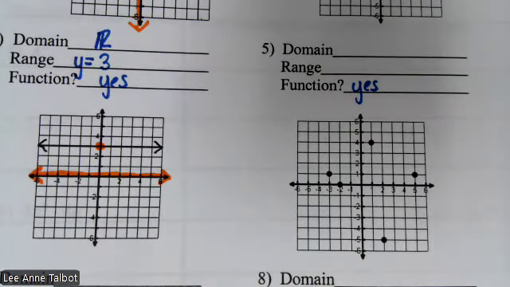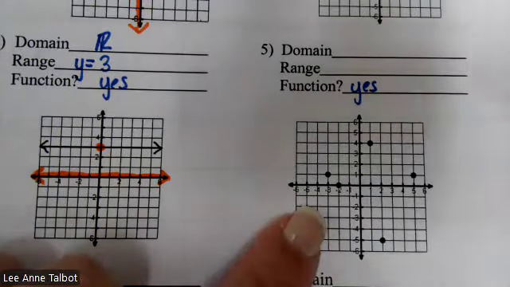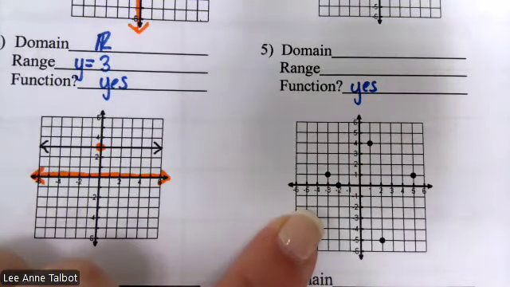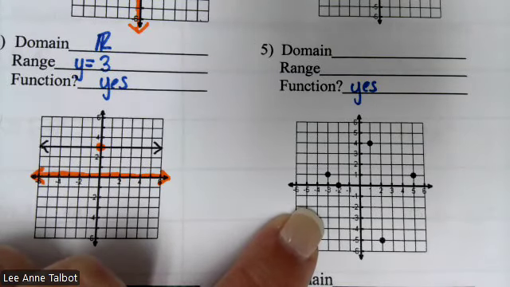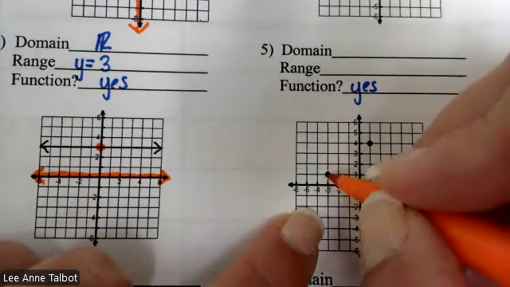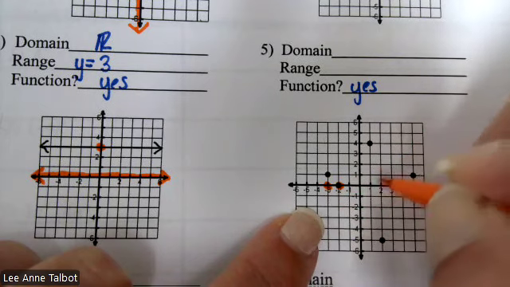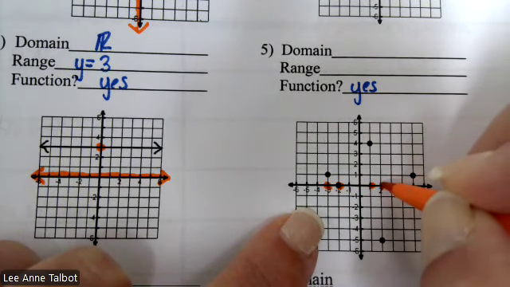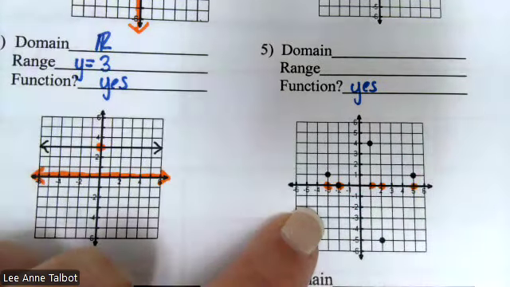Okay, do you guys remember what we do when it's dots? Anybody remember what we do when it's dots? Yes, list them. Okay, so we have a dot here, we have a dot here, we have a dot here, we have a dot here, and we have a dot here.